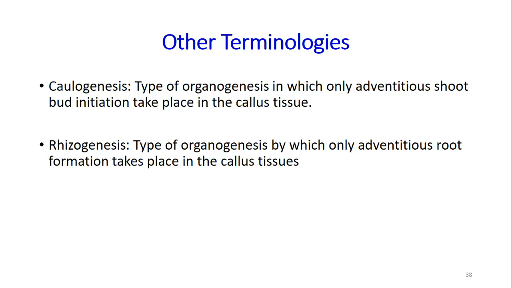Rhizogenesis is when only adventitious root formation takes place. So it is more like indirect organogenesis or embryogenesis, where you have adventitious shoot formation from the callus, being calogenesis. And then when you have just root formation from the callus, then it is rhizogenesis.